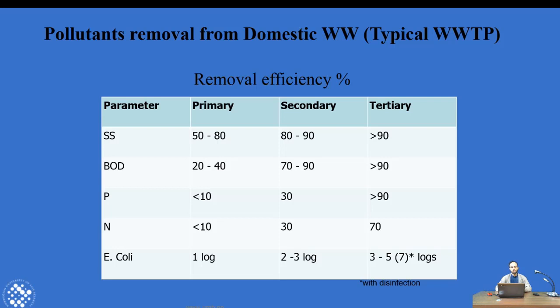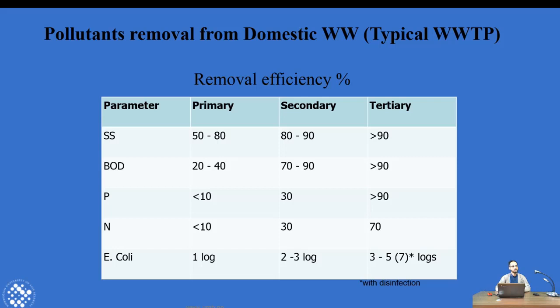For the parameter BOD, in the primary treatment we could remove 20 to 40% of BOD. In the secondary, we could remove 70 to 90%. And after the tertiary treatment, we could remove more than 90% of BOD. Also for phosphorus, as a nutrient contaminant, at primary, less than 10%.